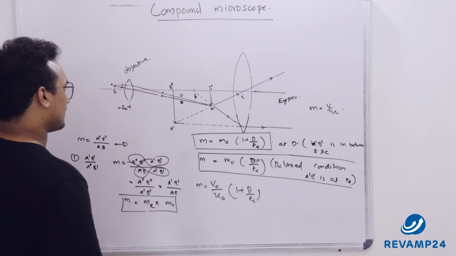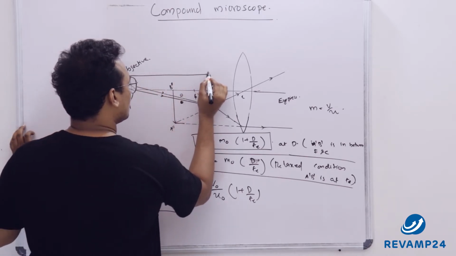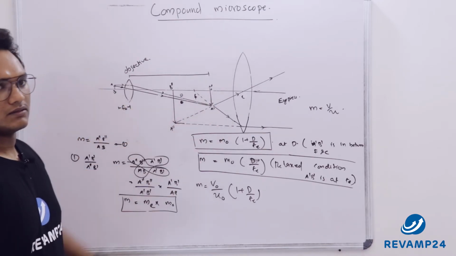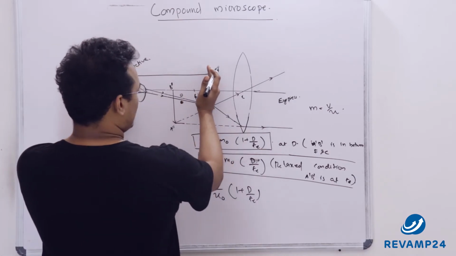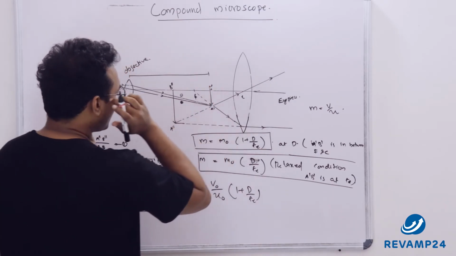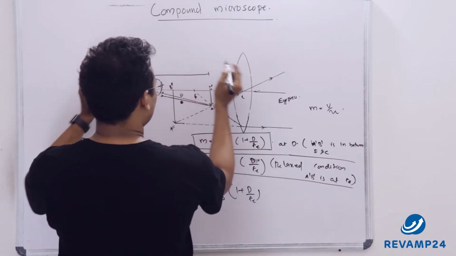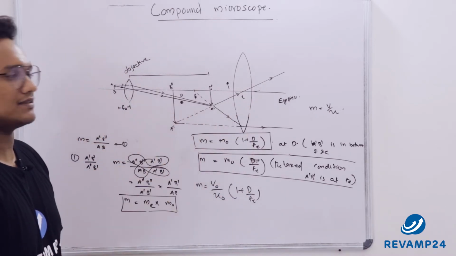Now UO, what is UO? That is the distance from the objective lens to the image created by the objective. This is the image created, and this length would be preferred in such a way that when this becomes closer to here, we will have the highest enlarged image.